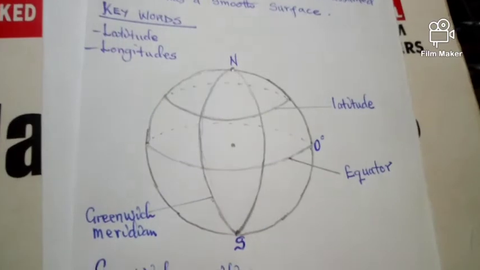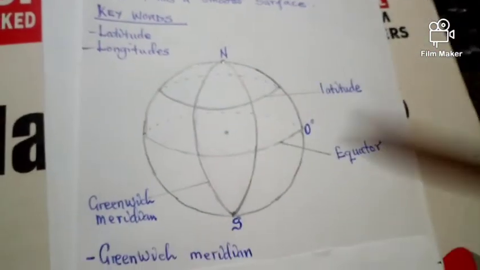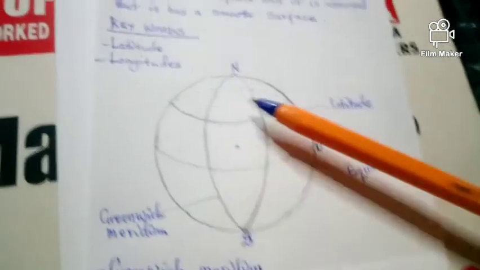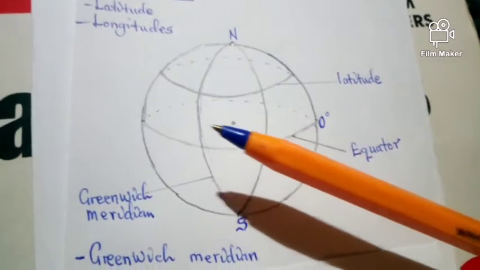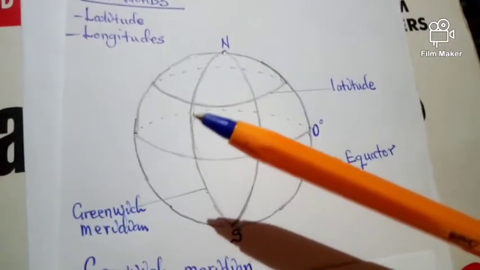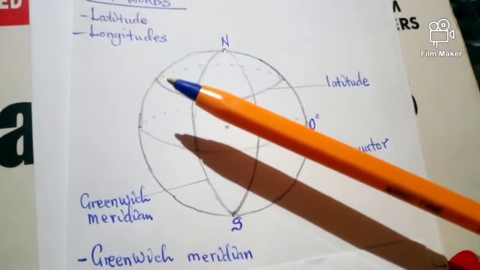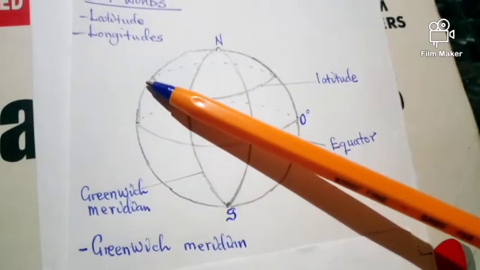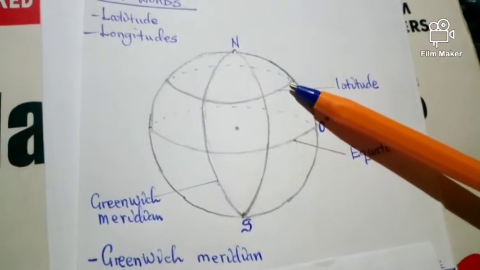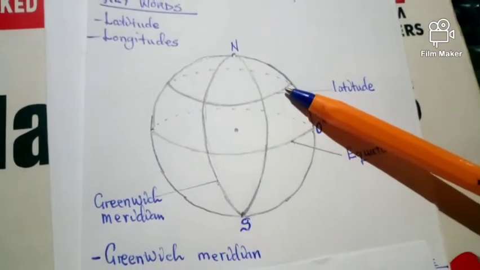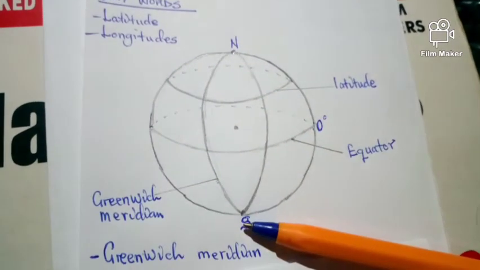Now, in order to define these two keywords, we're going to use the illustration that we've been given. So let's start with the latitudes first. The lines that run from west to east are called latitudes, and the lines that run from north to south are called longitudes.